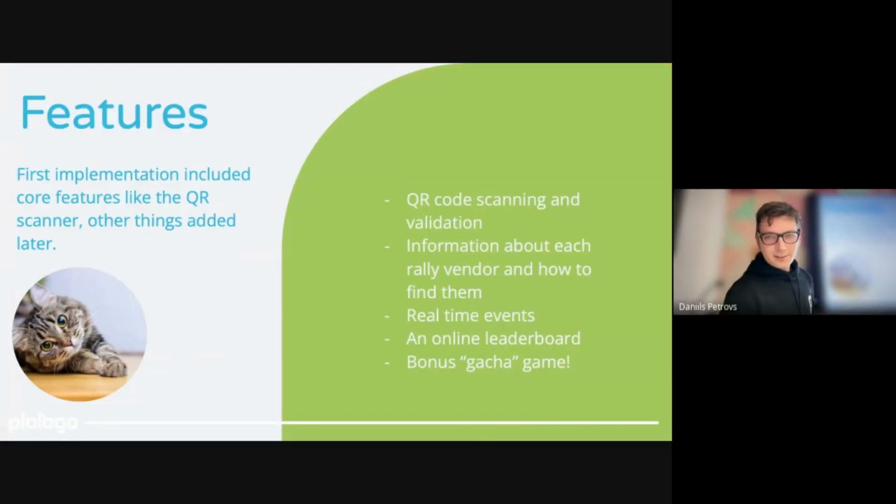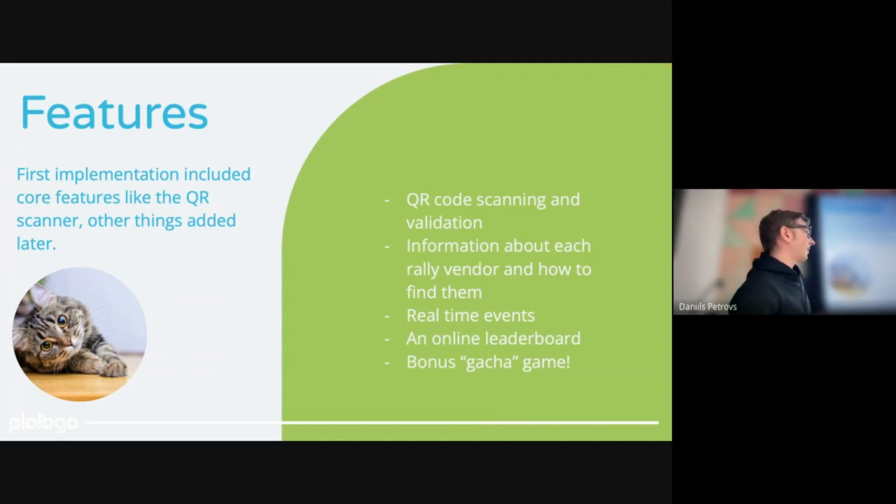And yeah, the features that I wanted to do were obviously to make this QR scanner work. That was a bit harder than I thought, because again, you need to deal with many different devices. You also want to find out information about each vendor or artist that's participating in the rally.